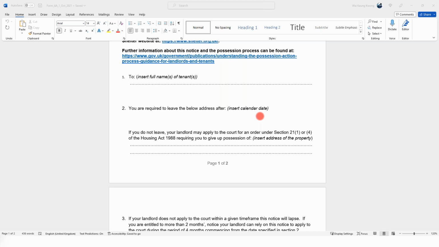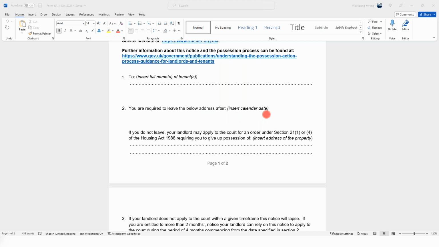For argument's sake, if my fixed term ended on the 30th of June 2022, and I was serving it on the 15th of June, the earliest it could expire would be on or around the 17th or 18th of August 2022, taking into account service time, because you always add on 2 or 3 days for delivery.